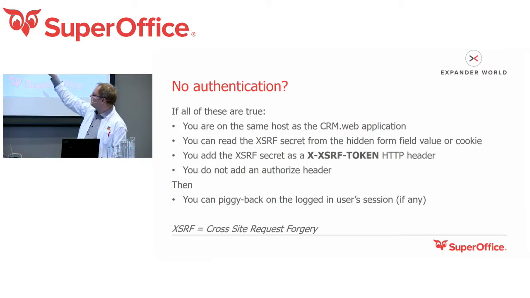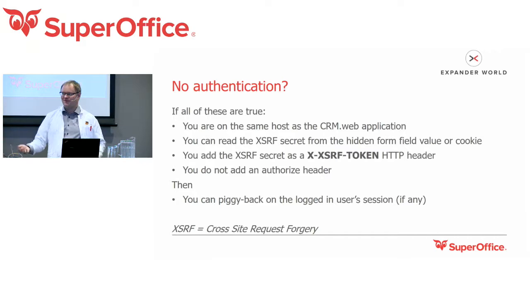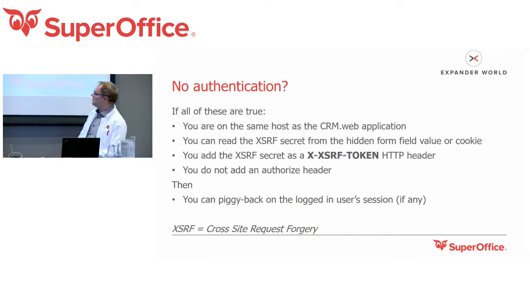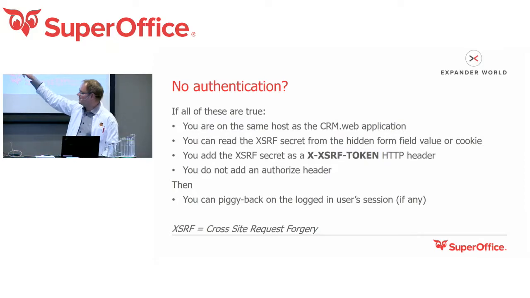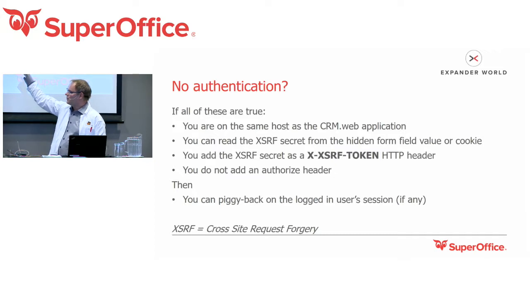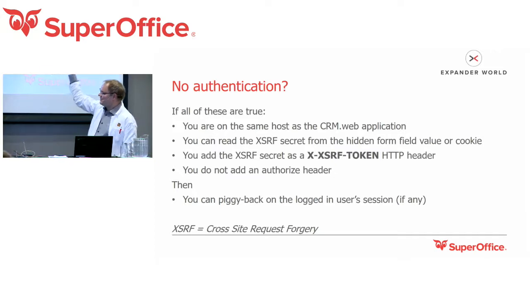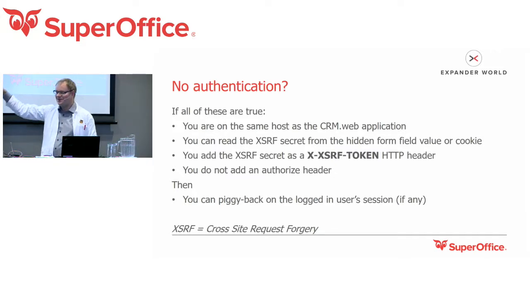If you can read that, either from the cookie or by being part of the CRM web application and reading it from the hidden field, then you can add that as a header, XSRF token with that value, and you do not add an authorize header.